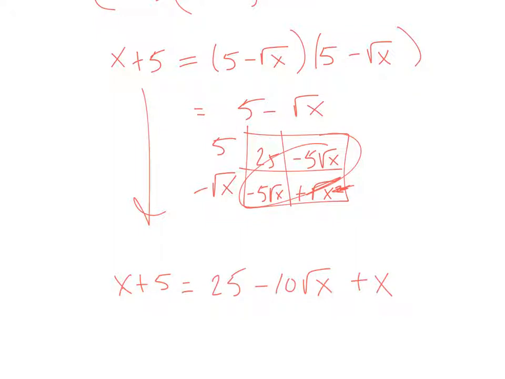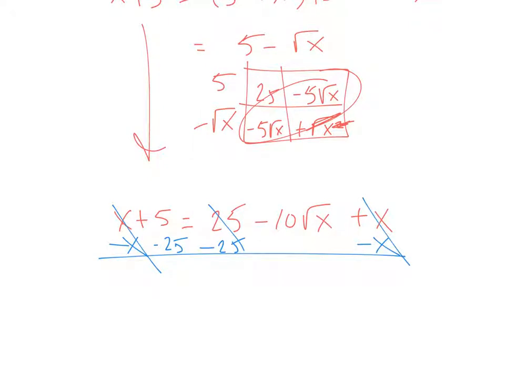So now your equation becomes a single radical equation. And remember, when you're going with a single radical equation, your goal is to isolate the radical. So I will bring everything away from it to the left side. So I'm going to subtract x. And what happens here is nice because they go away on both sides. And subtract 25.